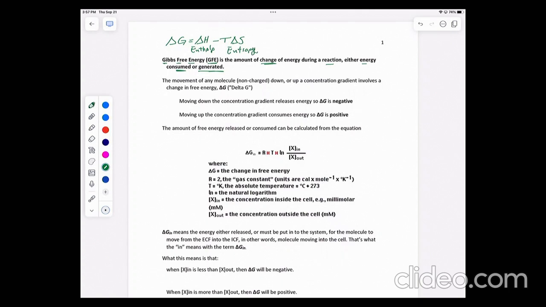So that's again applying in a more physical chemistry type of context.